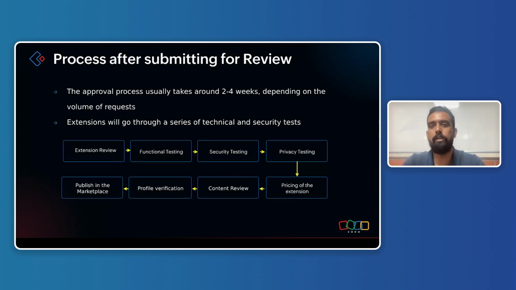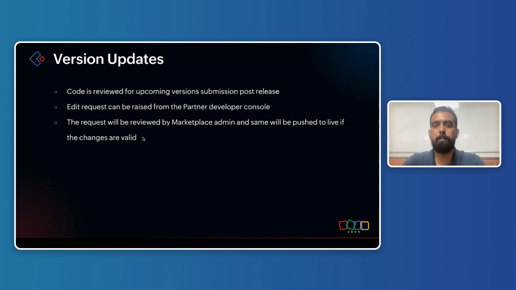And the content that you are providing, for example, the description and the key features, will be checked to see whether they match the extension that you are providing. All this will be checked in the review, and it can be published after the review is gone through, right? Now this is the process.